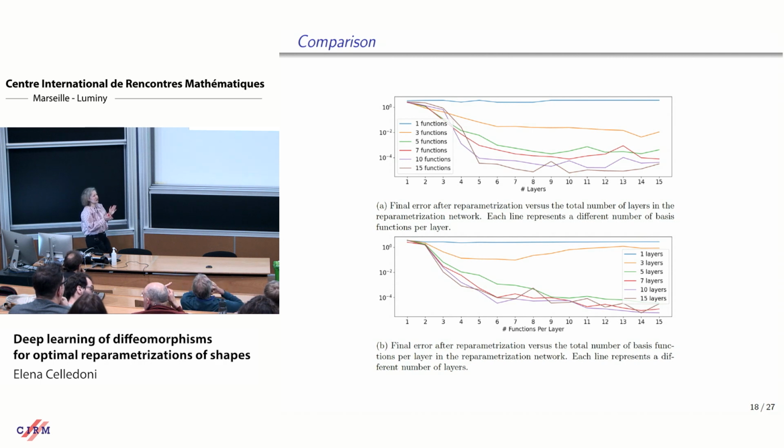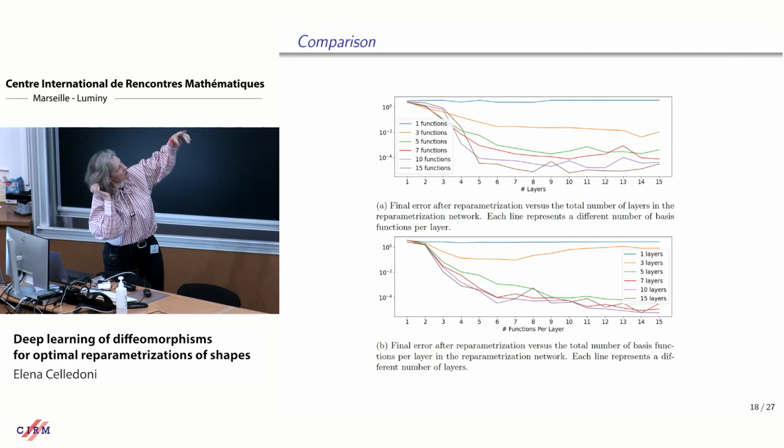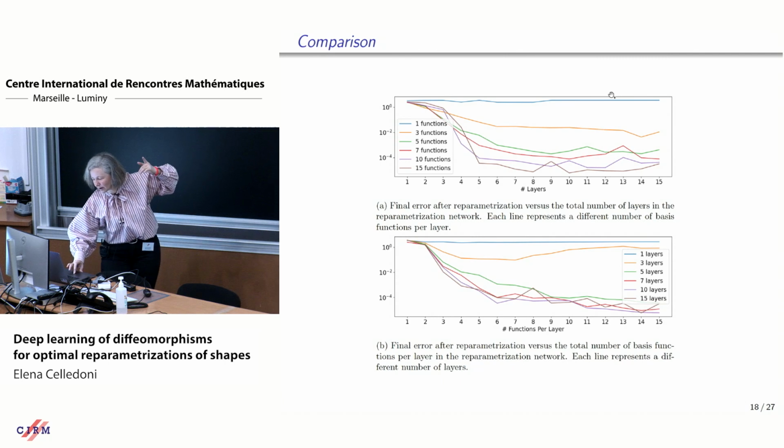So essentially, you get convergence if you increase the number of basis functions and increase the number of layers. But if you increase the number of layers and you have only one basis function, you are not doing very well. So in some sense, it flattens out. But if you just use a fixed number of basis functions.